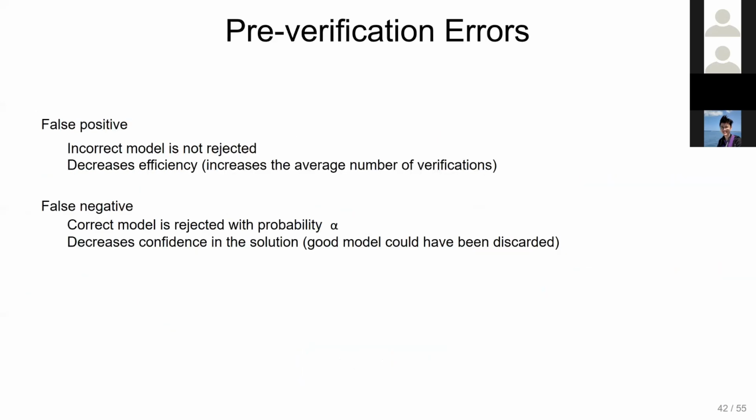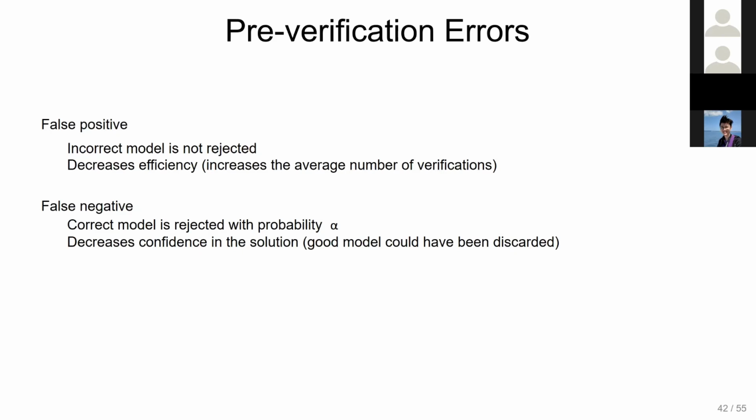Let's have a look at what are the possible errors that we can make. A false positive of this test is that we do not reject an incorrect model. This doesn't do any harm because it only decreases the efficiency. So if we verify a model that is no good, then we spend more time on verification, but no harm is done.